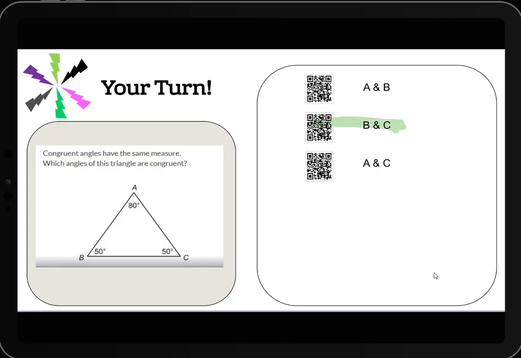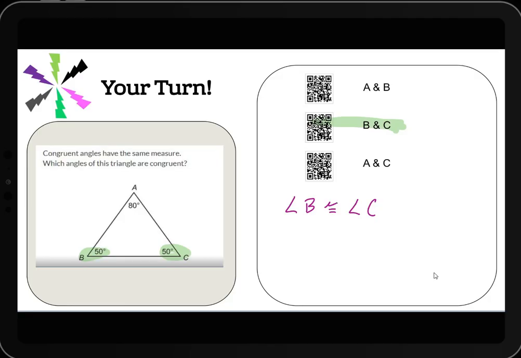So angles B and C are going to be congruent to each other. The reason they're congruent is because they both have 50-degree angles and they're equal. And so as a result, we've identified which angles happen to be congruent to each other.